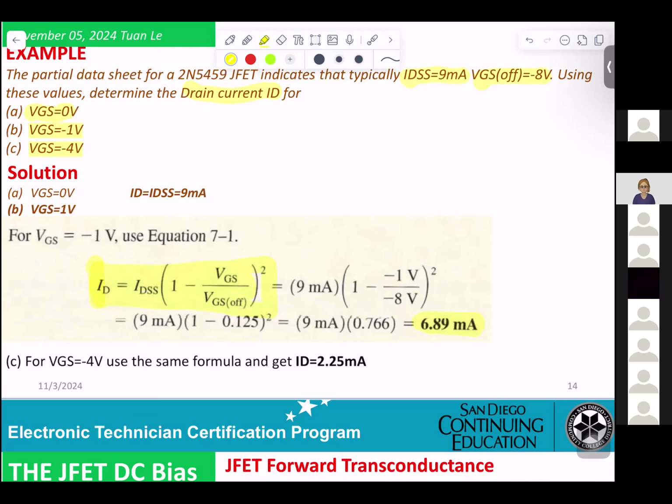Now you try for me. The last one, okay, VGS equals minus 4 here, using the formula, and do the calculation and tell me you get that answer or not, 2.25 milliamp.